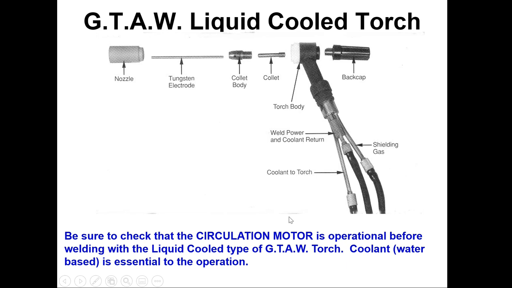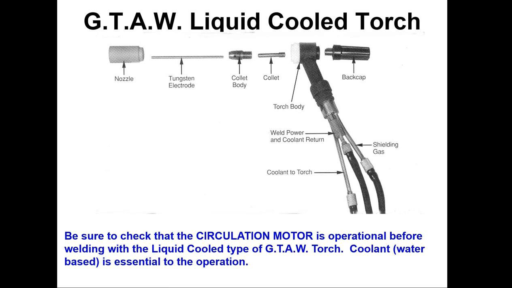This particular torch body runs coolant to the torch through one tube. It does a loop around and comes back, and this is the power cable. Plus, it has the coolant returning right around. The cable's actually loose inside this pipe or this tube, to allow the coolant to return and circulate around and through this pipe and keep that cable nice and cool.